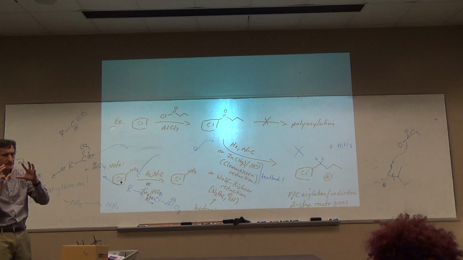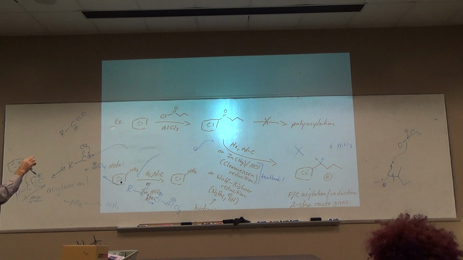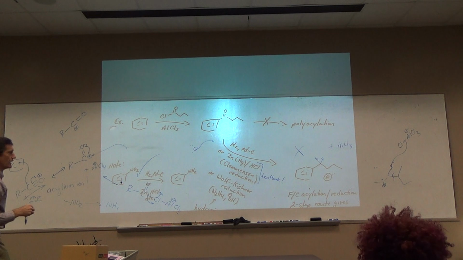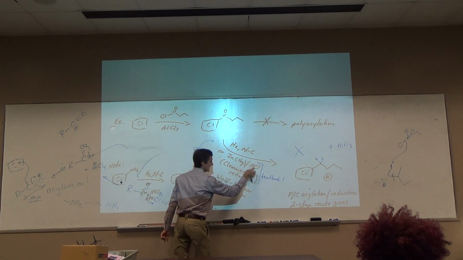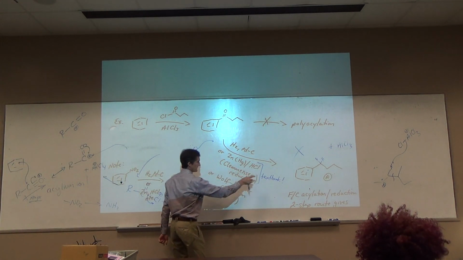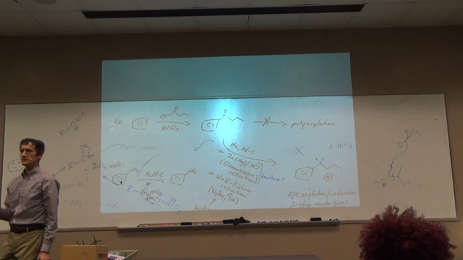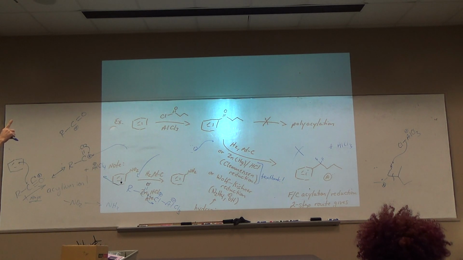Again, we're not looking at a detailed mechanism. It's a little bit more difficult, and the mercury mixed with the zinc really helps. It makes it more specialized than just plain zinc. But zinc mercury with HCl is called a Clemmensen reduction. Clemmensen reduction is very common for reducing the conjugated aryl ketone to the alkane, basically removing the oxygen.